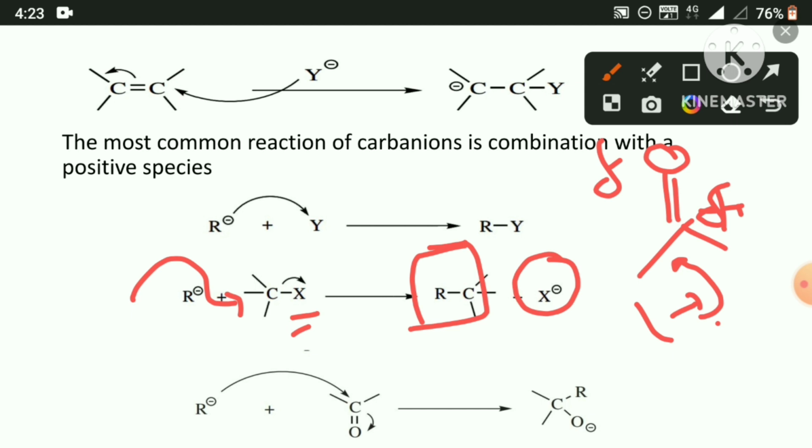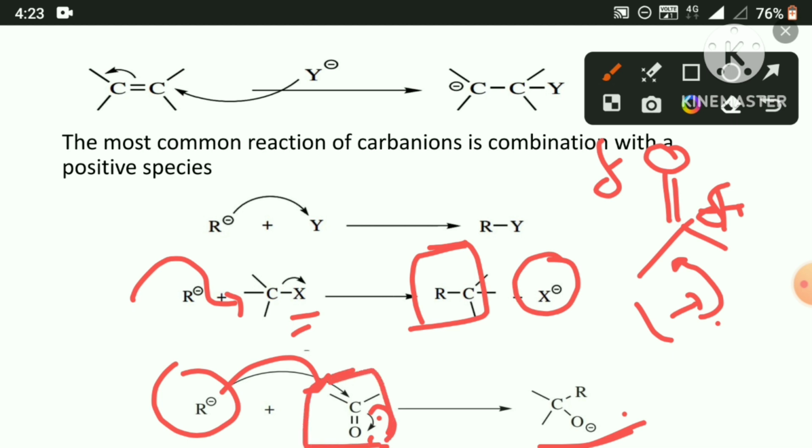Whatever the negatively charged species is, it approaches the carbonyl carbon. So the negatively charged carbanion approaches the carbonyl carbon, and one of the double bonds goes to the oxygen atom. That oxygen atom gets a negative charge. So this is one of the nucleophilic substitution reactions at an aliphatic trigonal carbon. This is a trigonal carbon, the carbonyl carbon. So this follows a tetrahedral mechanism.